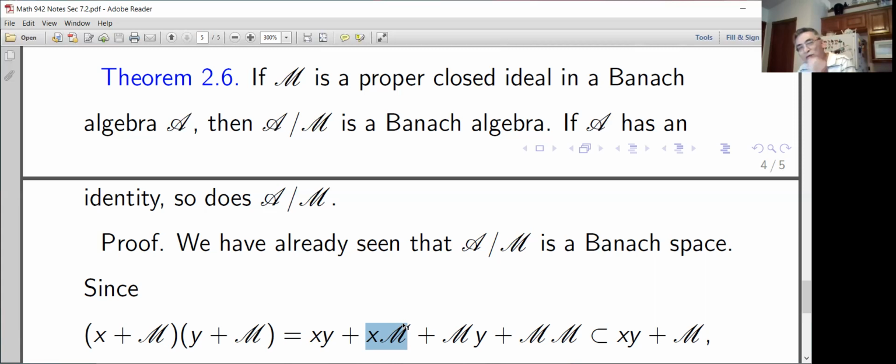So we need to review the definition. Okay, what is the difference between a subalgebra and an ideal?